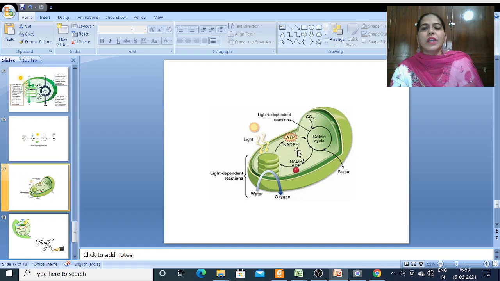These will be now utilized during the Calvin cycle in the presence of Rubisco enzyme as well as carbon dioxide which has been taken in from the stomata, and sugar will be released and utilized for various purposes. I hope you have understood the first part, that is the light dependent reactions.